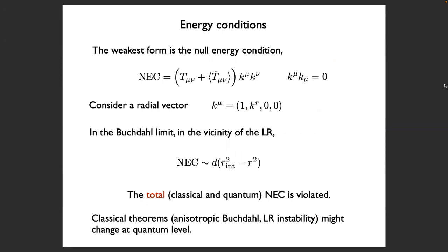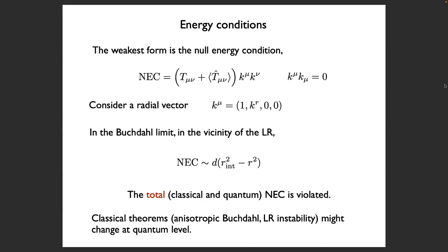and that's to look at the energy conditions. So the weakest form is, of course, the null energy condition. That's when you contract the stress tensor with a null vector. And for simplicity, just consider a radial vector. So I'm just calculating this thing over here. The classical energy conditions tell you that this object should not become negative. That's the classical null energy condition.